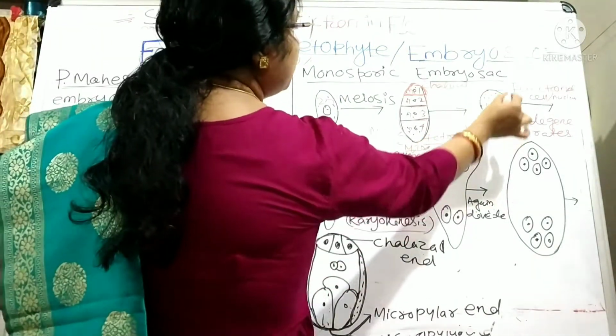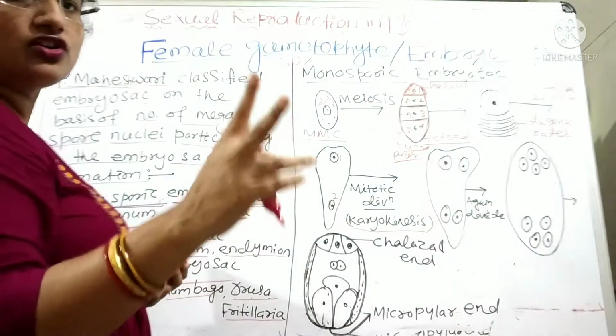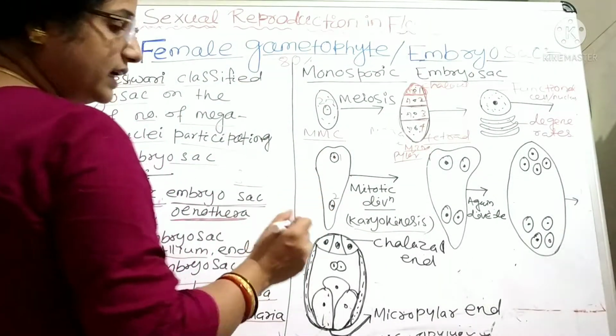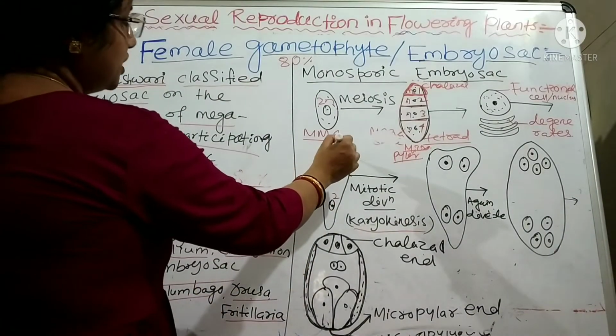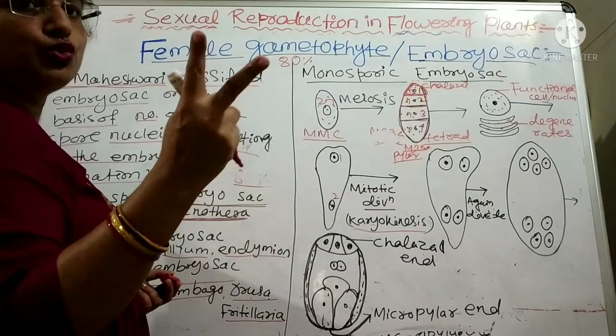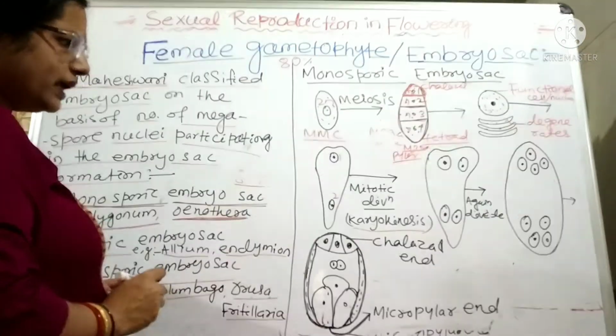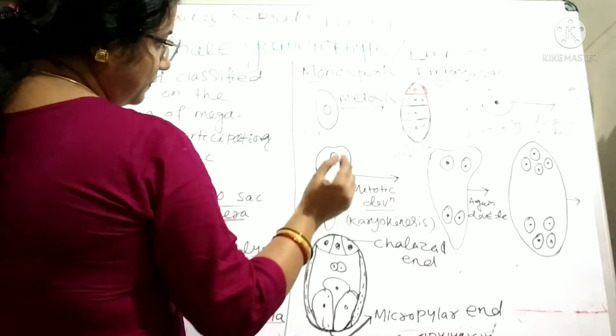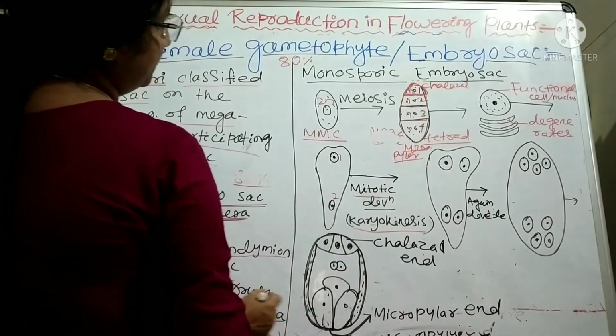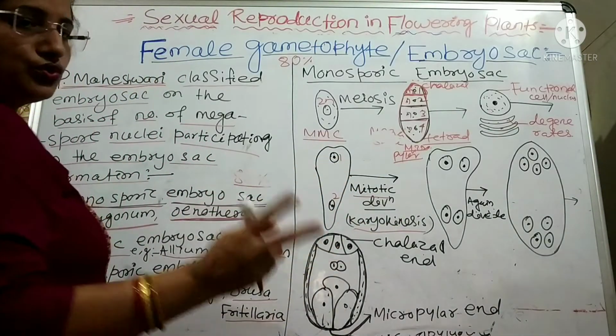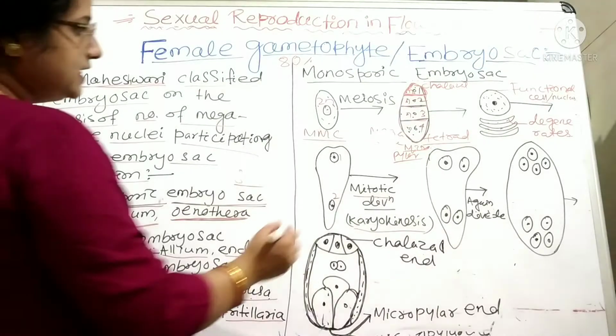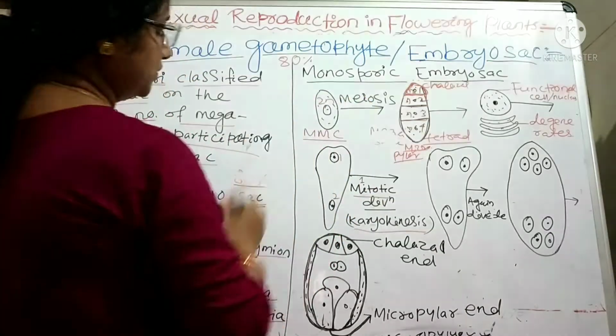The cytoplasm does not divide here, only the nucleus divides. This is the first mitotic division.